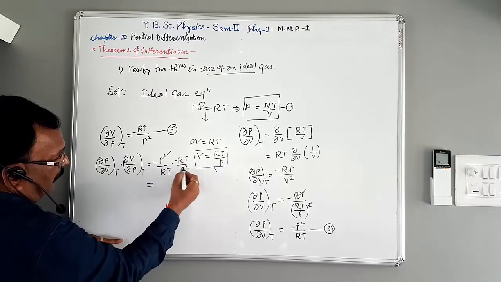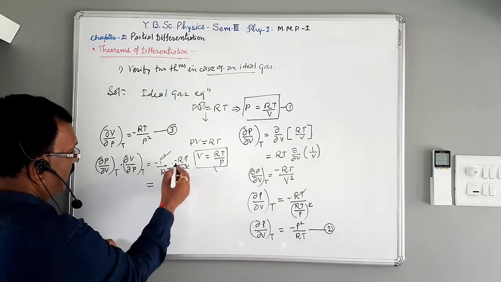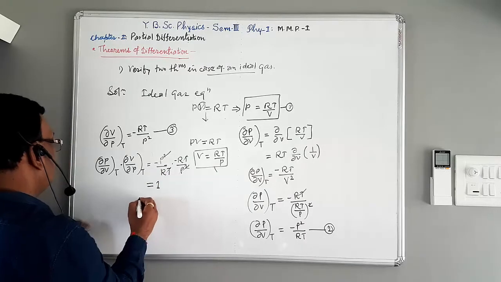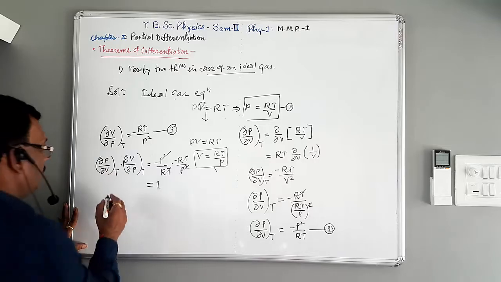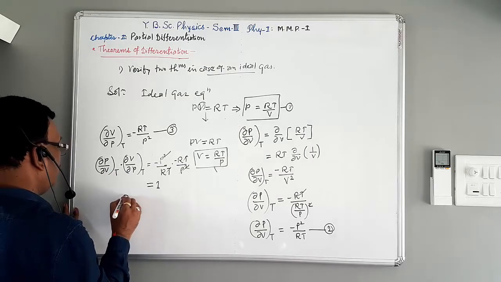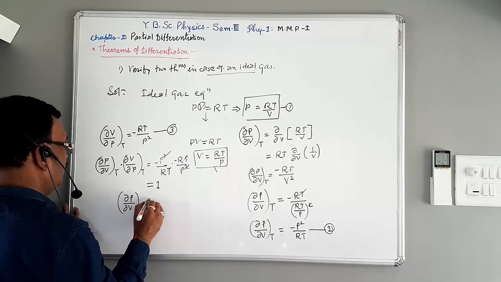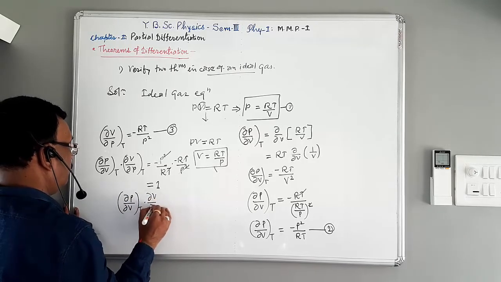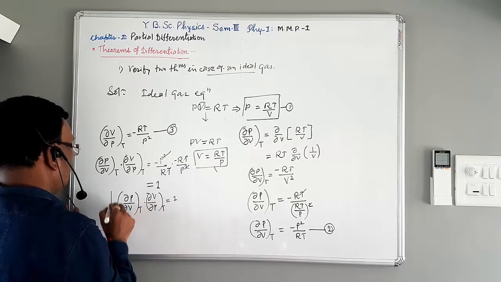Here P square gets cancelled, RT gets cancelled, minus minus gives plus. Finally we have proved the first theorem, that is delta P by delta V at constant T into delta V by delta P at constant T is equal to 1.